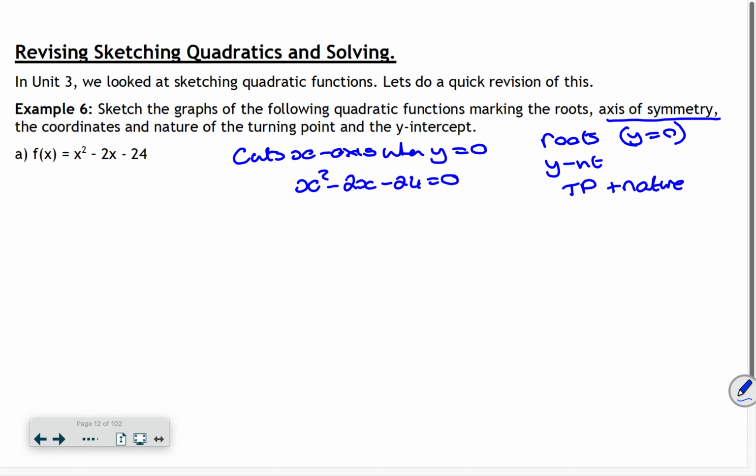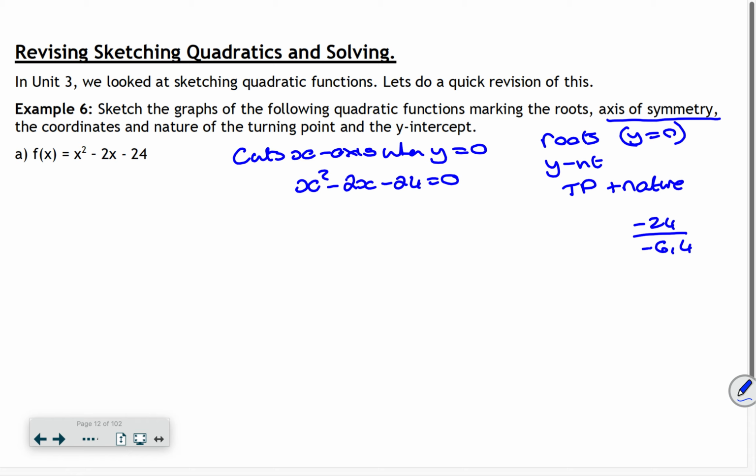So factorise and solve that. 1 times minus 24 is minus 24. So the combination that would work out would probably be minus 6 and 4.